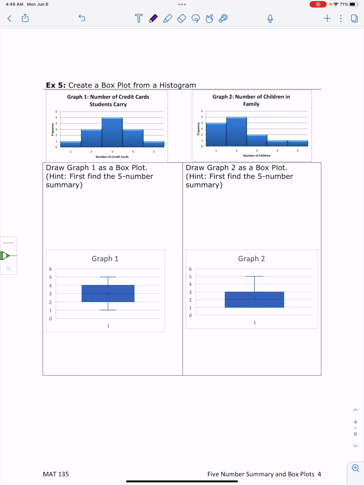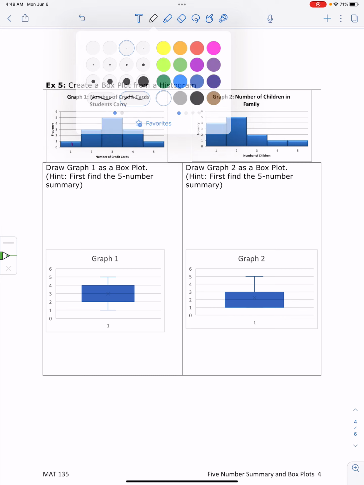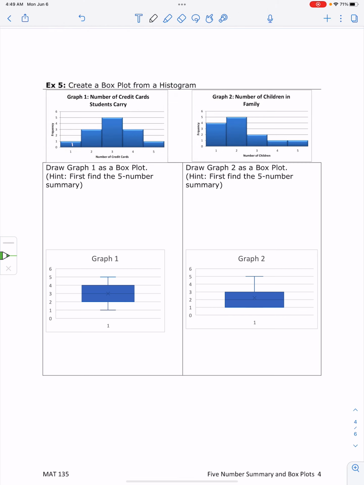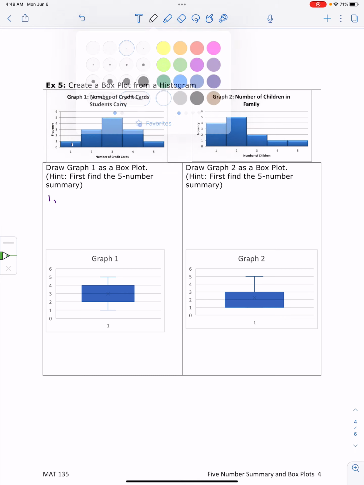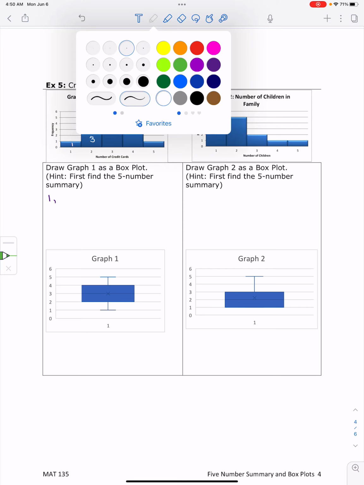Okay, so let's start with the values that we have. I know up here, the number 1 happens 1 time. So in my data set, I've got 1. I know that the value 2 happens 3 times.